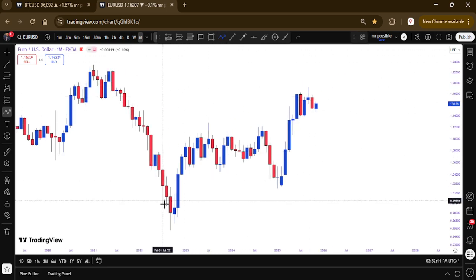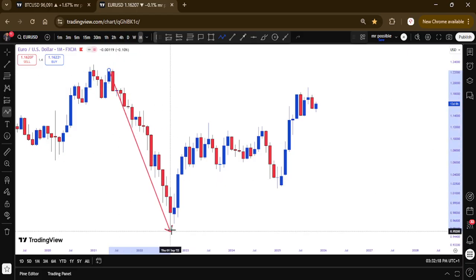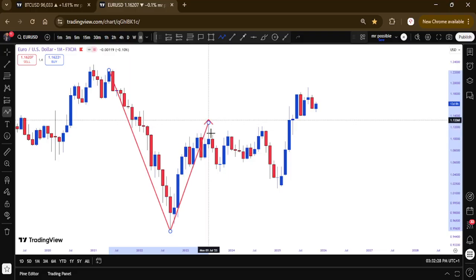Wherever price bounces from is a support. That is to say, wherever price gets to before making a bullish move is a support. Wherever price gets to before making a bearish move is a resistance.